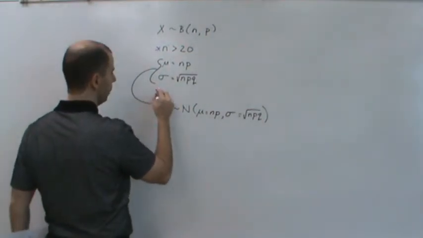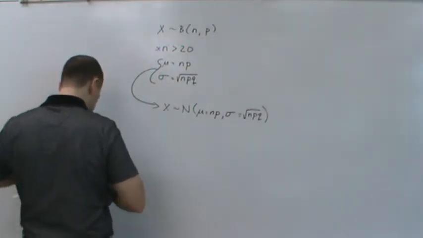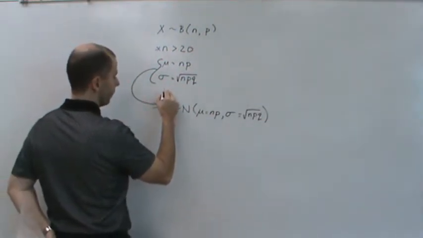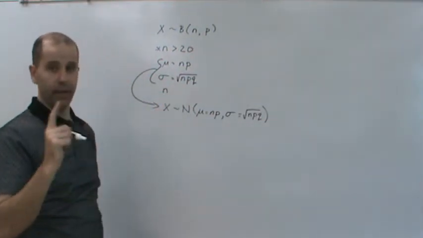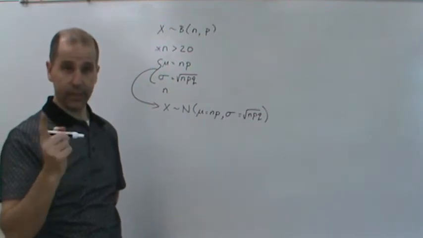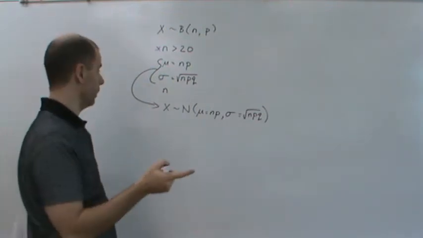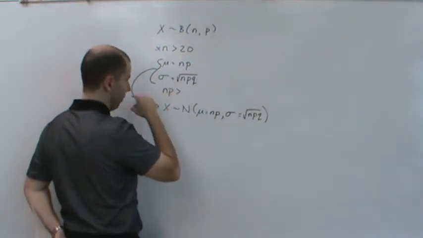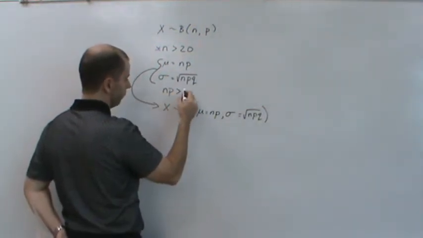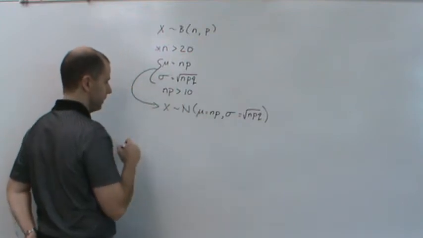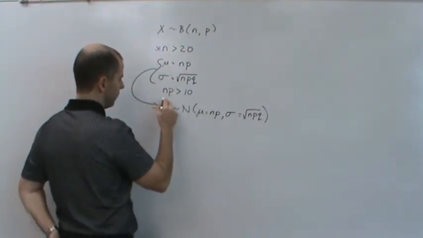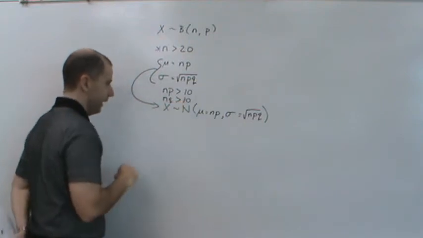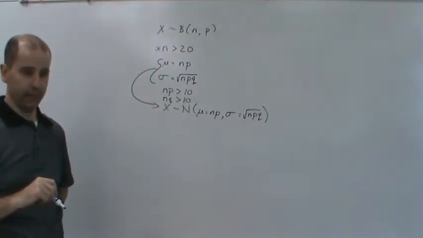But also, the expected number of successes has to be bigger than 10 in this case, and the expected number of failures also has to be bigger than or equal to 10.